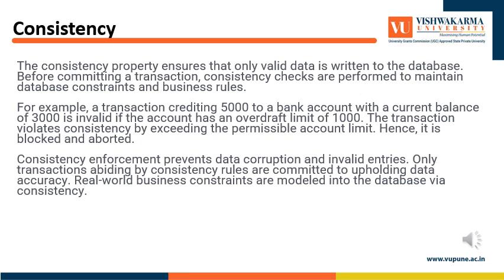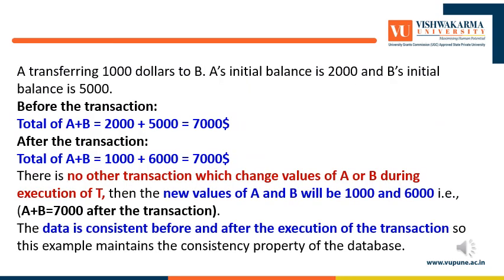For transferring $1,000 to B, A's initial balance is $2,000 and B's initial balance is $5,000. Before the transaction, the total of A plus B equals 2,000 plus 5,000 equals $7,000.